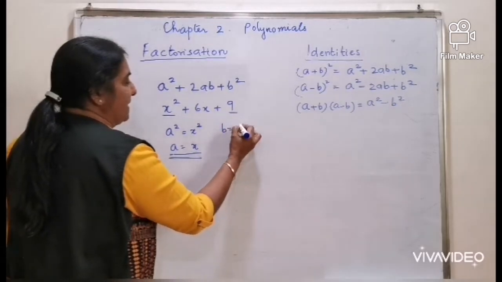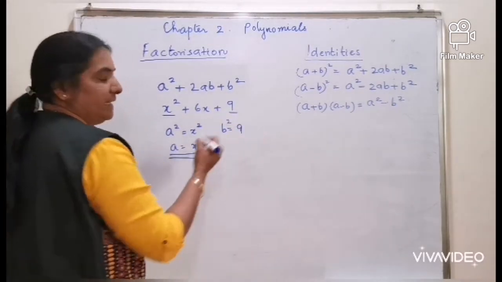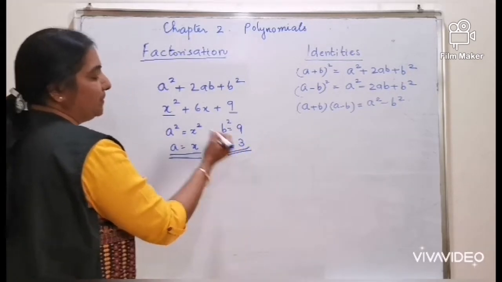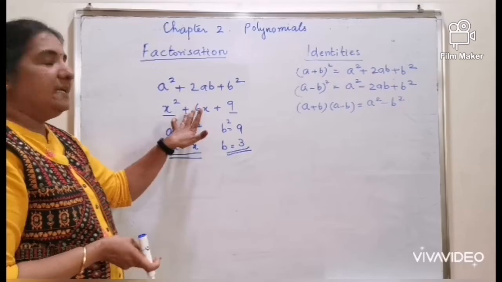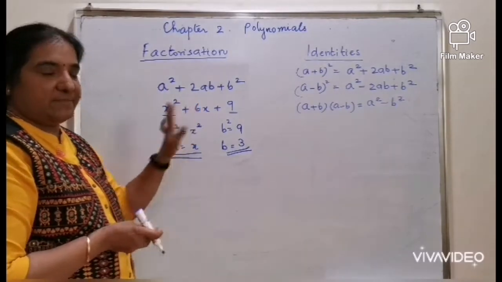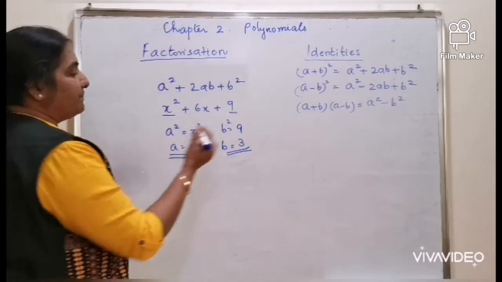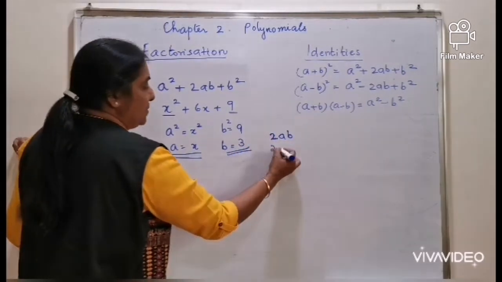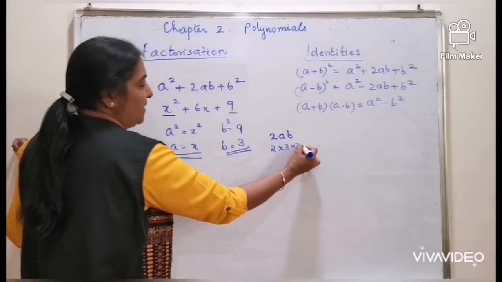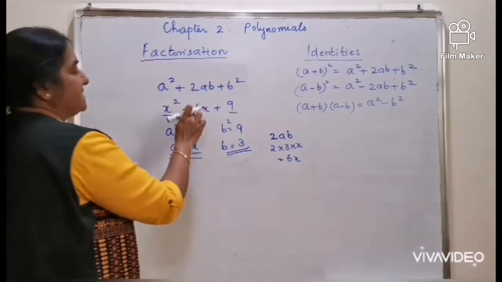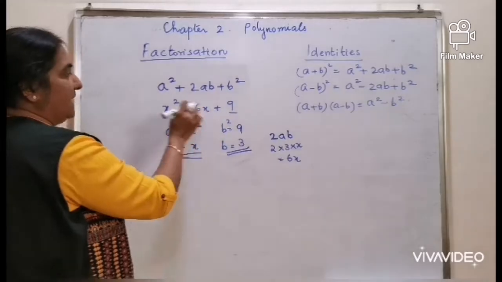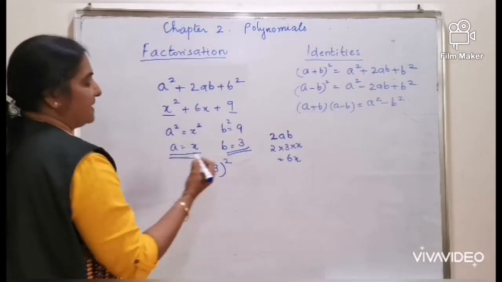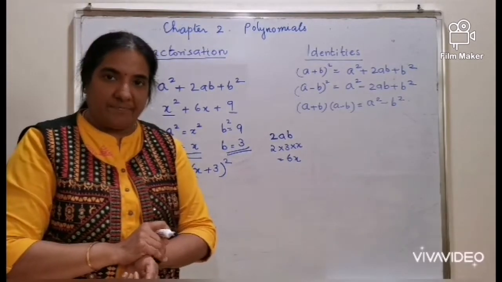Your b square is 9, or b takes root 9, which is equal to 3. If you check the middle term as plus, you can check whether the 2ab term corresponds as 2 into 3 into x, or it is 6x, which shows that the factorization of this polynomial is (x plus 3) the whole square.